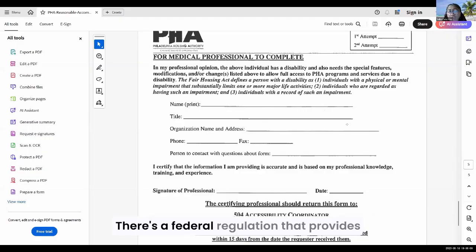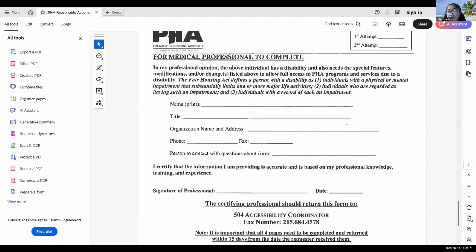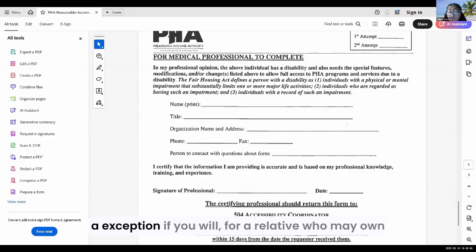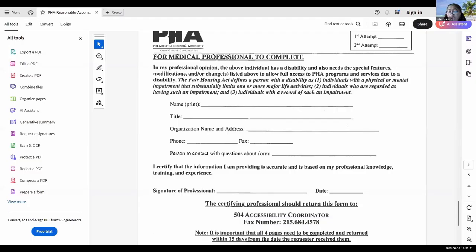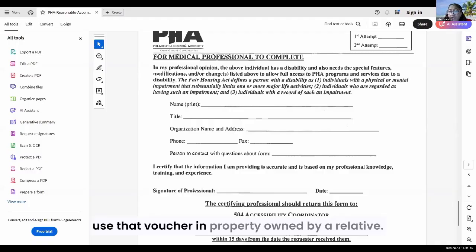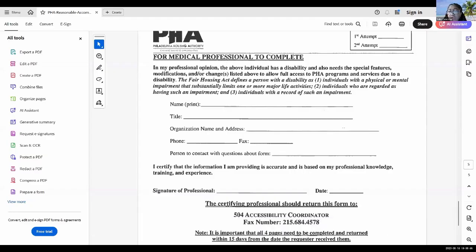There's a federal regulation that provides an exception, if you will, for a relative who may own or may be purchasing a property to actually qualify that property to be accepted into the housing choice voucher program. And then if the individual has a voucher, they can then use that voucher in property owned by a relative.